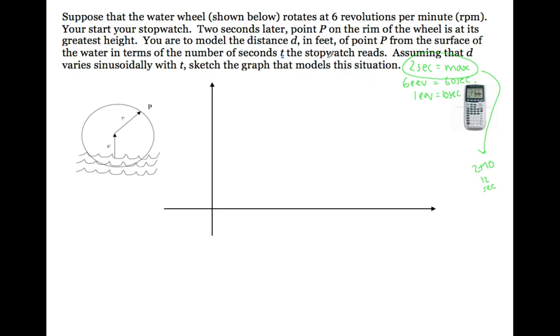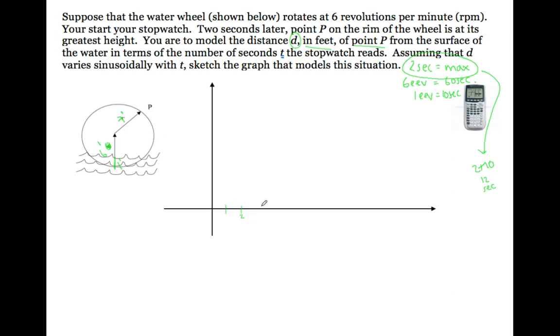You're to model the distance, d, in feet of point P from the surface of the water in terms of the number of seconds t the stopwatch reads. Assuming that d varies sinusoidally with t, sketch the graph that models this situation. So you've got 7 and 6. That means this little part right here has to be 1, right? The radius of the wheel is 7. I'm going to go ahead and start it.